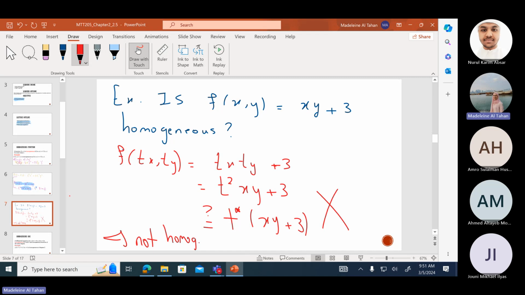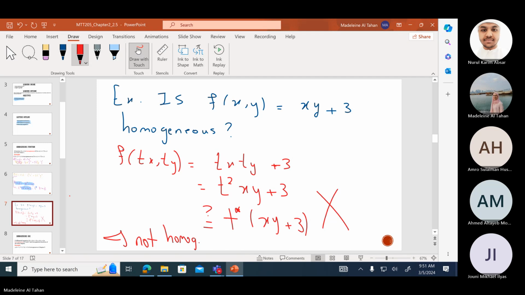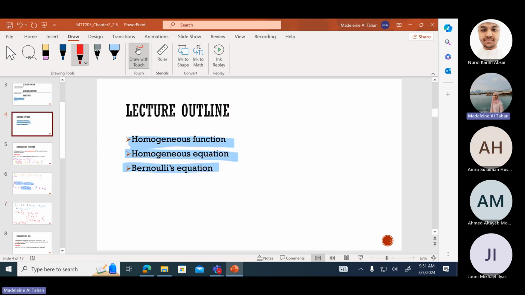Are you able to write it in this way here? So it's not homogeneous. If we go back to the previous question, we were able to write it as t power something times f. So it's homogeneous. We're done with the homogeneous function, what we mean by it.